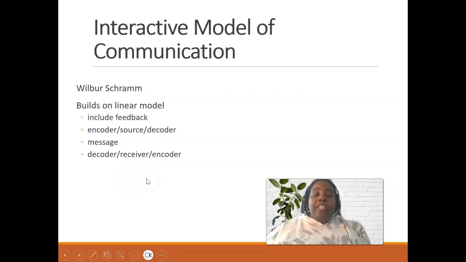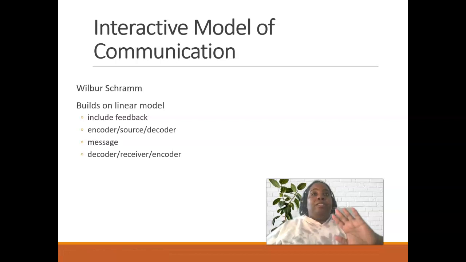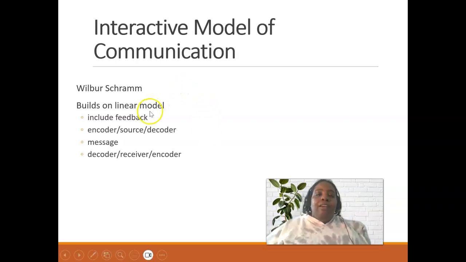So, what the interactive model of communication builds upon is that it takes into account that we give feedback, both verbal and nonverbal, and we are in the process of interpreting and creating feedback to send to the other person. So with feedback, we encode and decode the message.